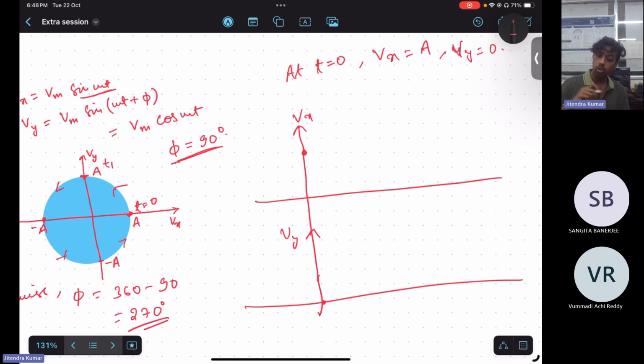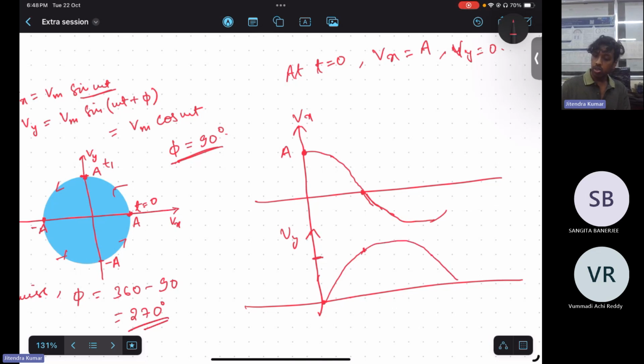Now if you move further, at t1, Vx is 0 and Vy is maximum, that is A, right? So like this. Similarly, it will follow if you move along the direction mentioned in the problem, and you will see it like this.